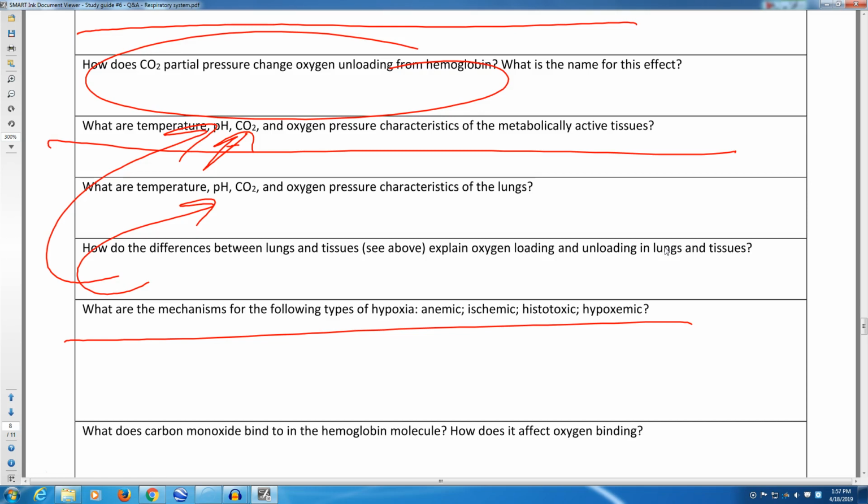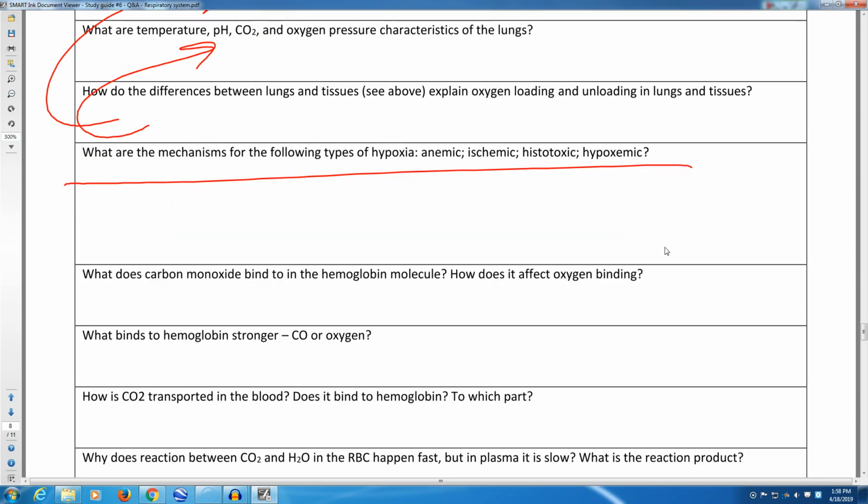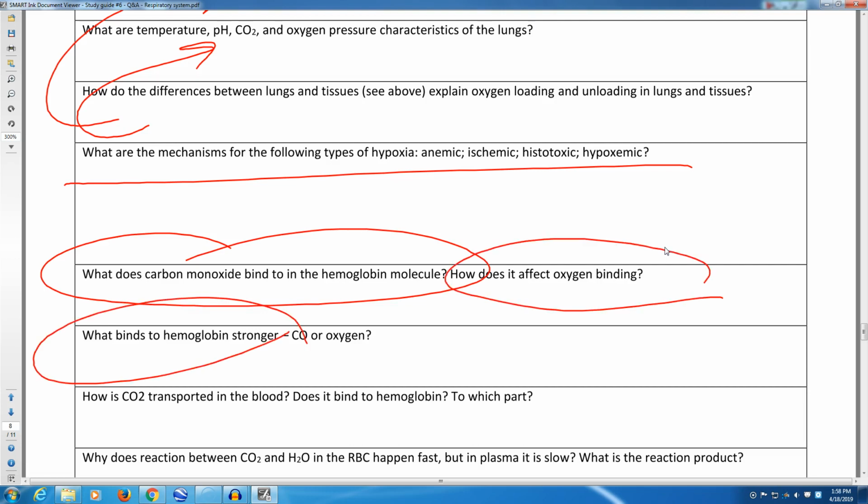Some kind of a poison, toxin, yes. Blocks the cell respiration. Hypoxemic. Yeah. You're being strangled. Okay. Carbon monoxide binds to iron and prevents oxygen from binding. Carbon monoxide binds stronger.